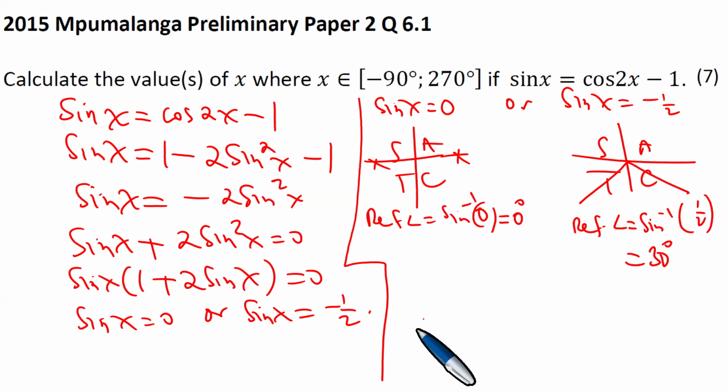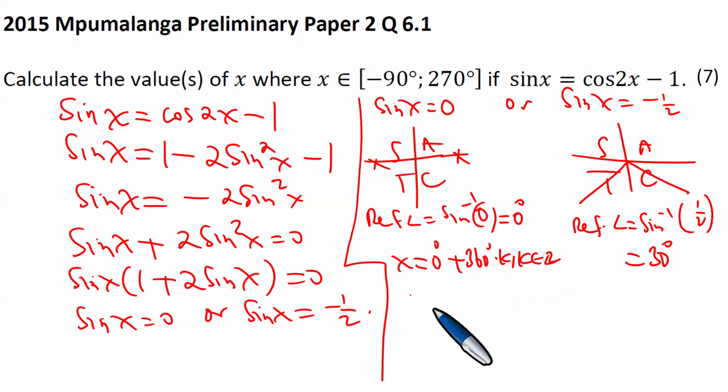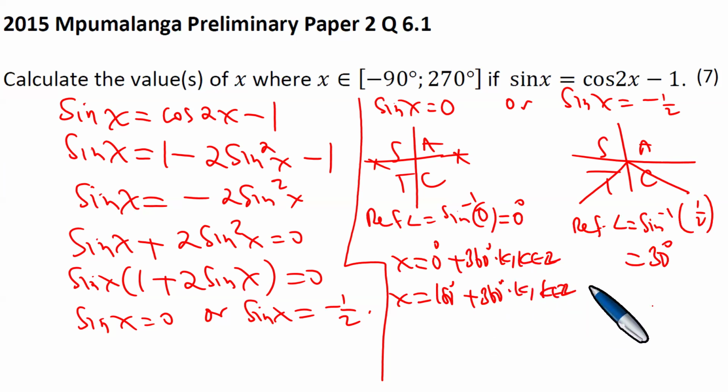Good. Now with the reference angle of this one, you can write a couple of things: 0 degrees plus 360 degrees by k, k in the integers, and then 180 degrees plus 360 degrees by k, k in the integers.